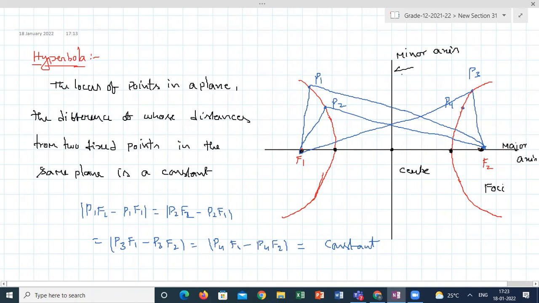We will call them the conjugate axis, and this is called the transverse axis. The curve meeting the transverse axis is known as the vertex, like in an ellipse: 2 vertices, center, focus.